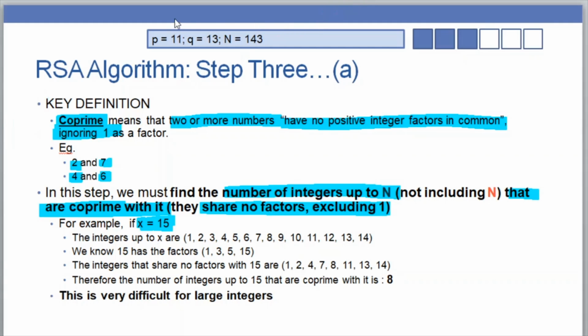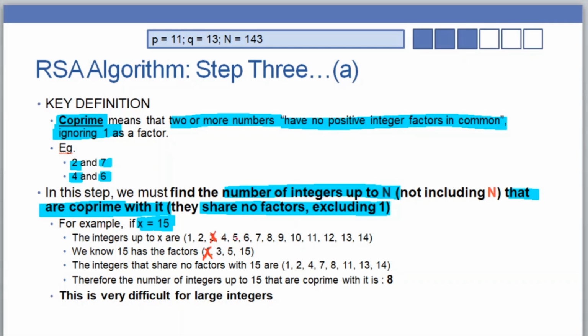So although we know that 15 has the factors 1, 3, 5, and 15, we are not looking at 1. So now we can go through and let's first start with 1. We can see this does not share any factors. 2 doesn't share any factors, so it is coprime. 3, however, shares a factor with 15, therefore it is not coprime with 15.